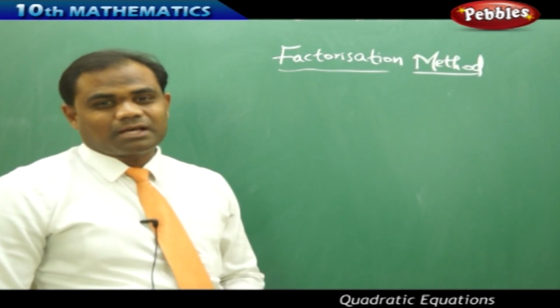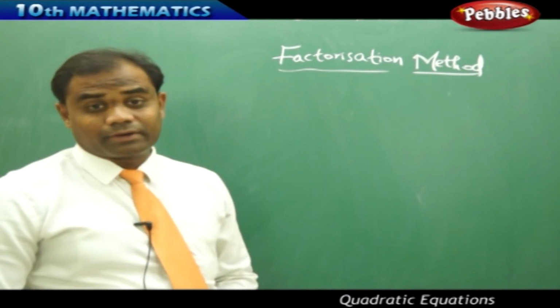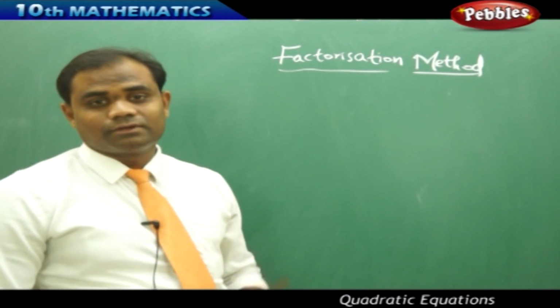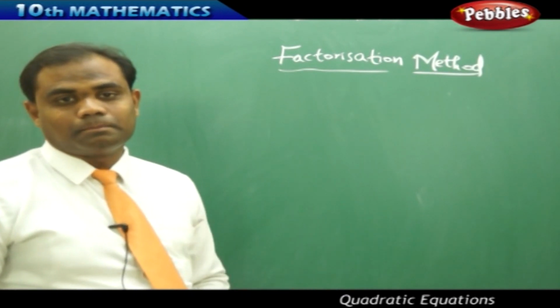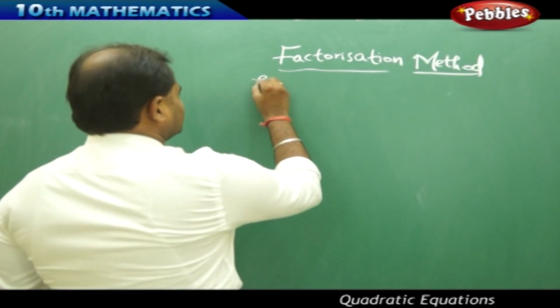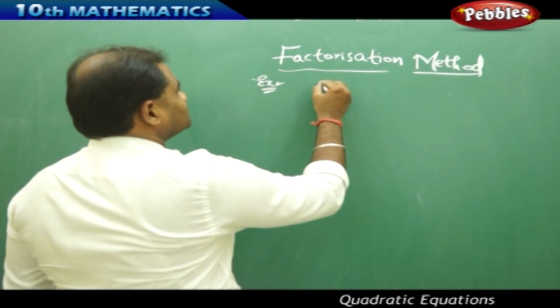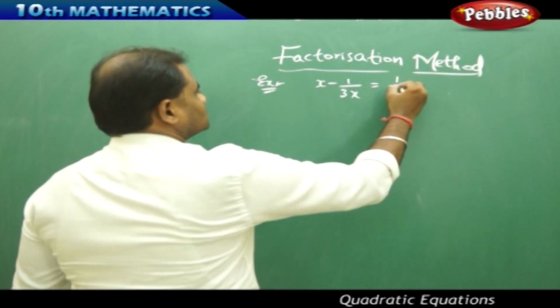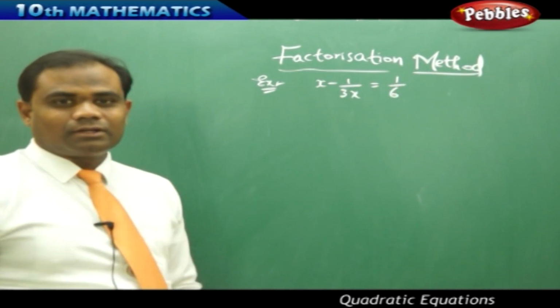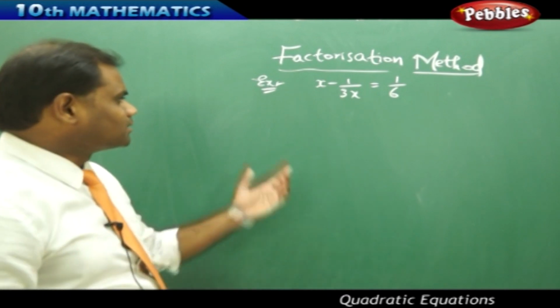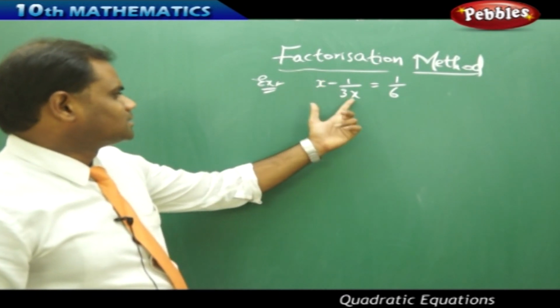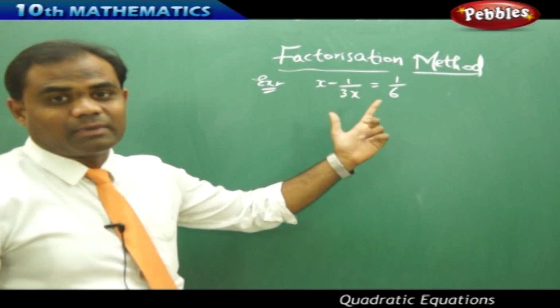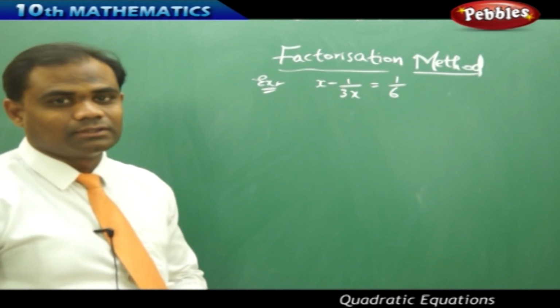So let me take an example problem and let's see how the factorization method can be applied with that respective example problem. For example, I take an equation x minus 1 by 3x equals 1 by 6. Now this is directly not a quadratic because I have linear x and the power of x here is -1, which is non-negative integral.